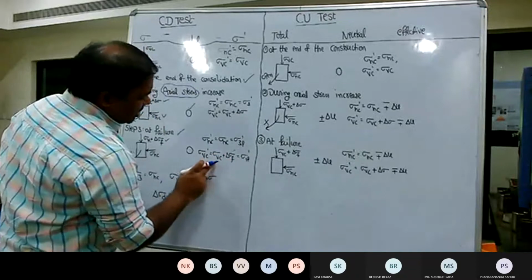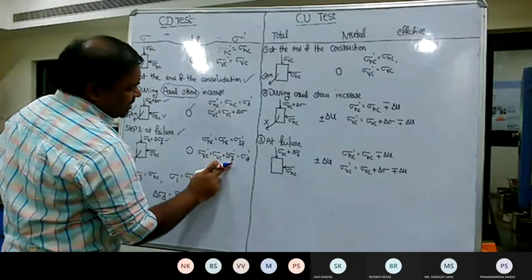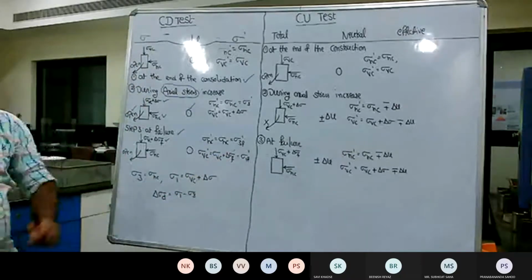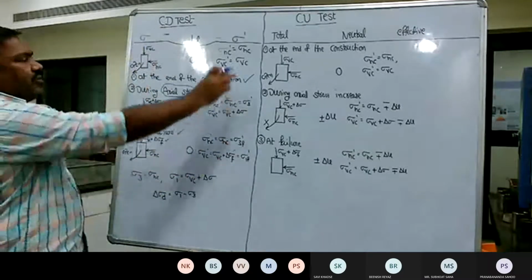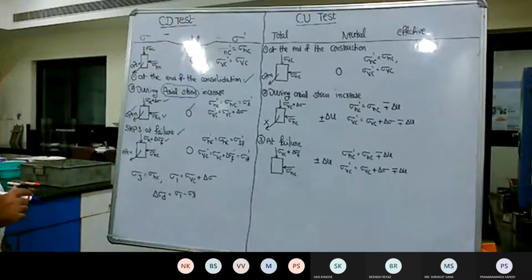And the summation of sigma vc total plus increase in the axial stress can be written as the major principal stress in the vertical direction. So this is how the stress variation will happen when you conduct any CD test.